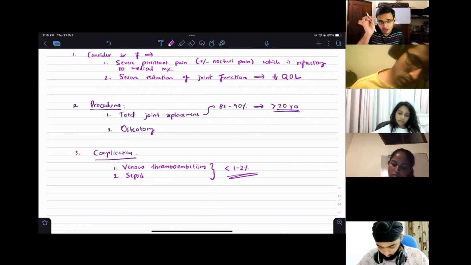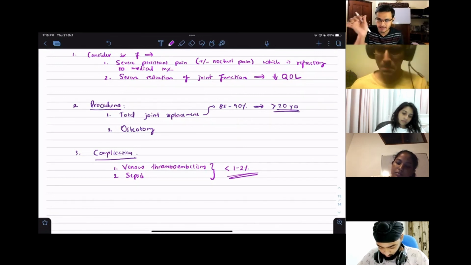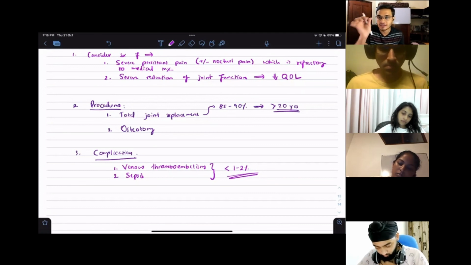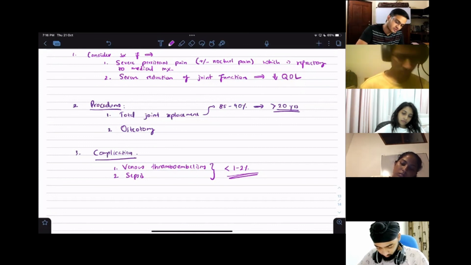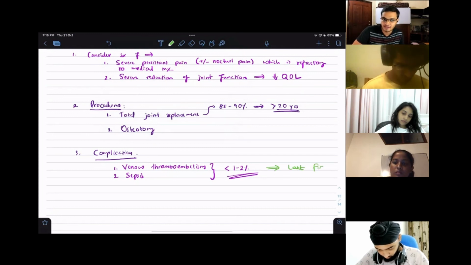But what I want you all to understand is that these are very rare complications, but very real and very serious complications. Very rarely do they occur, but if they do occur, they are very serious and life-threatening. Because of this, surgery is the final option.